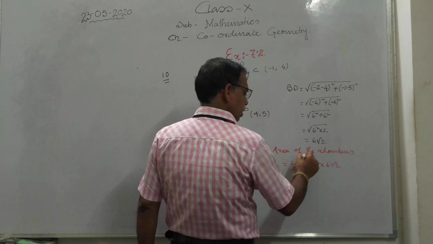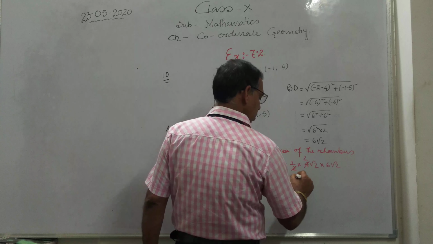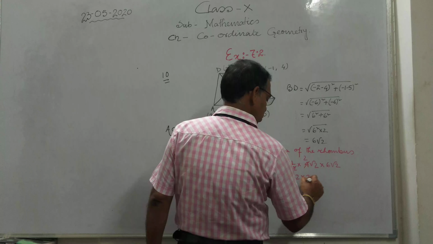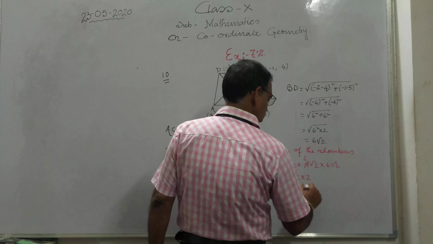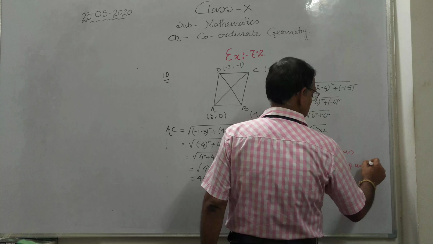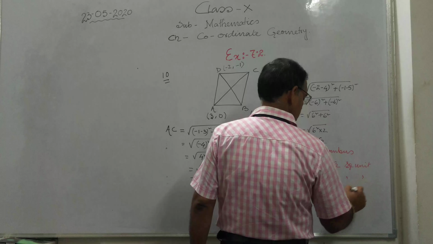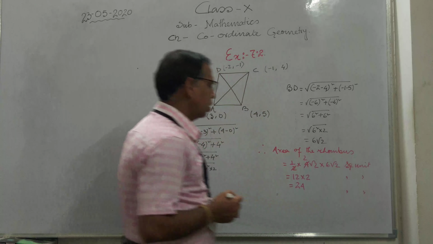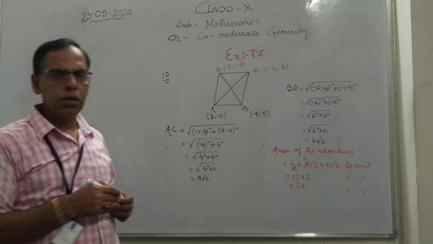Now this 2 cancels with the half, so 12 into 2 equal to 24. 24 square units. So this is the area of the rhombus.